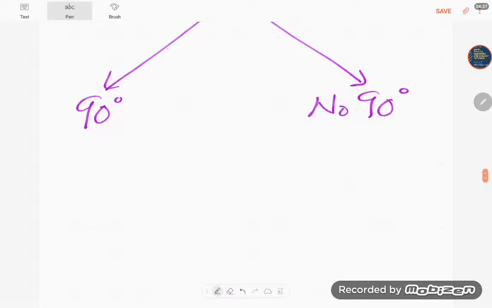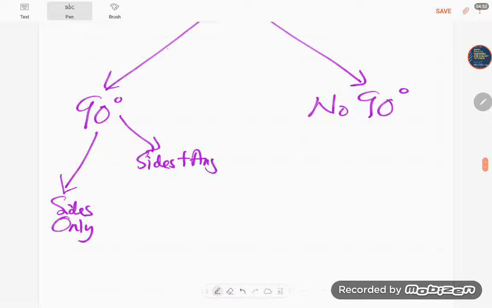Because when you have a 90 degree, there are a couple of theories that work with that. The next thing you need to ask yourself when you already have a 90 degree is whether you have sides only or sides plus angles.